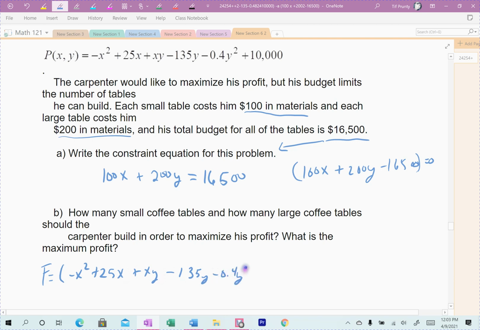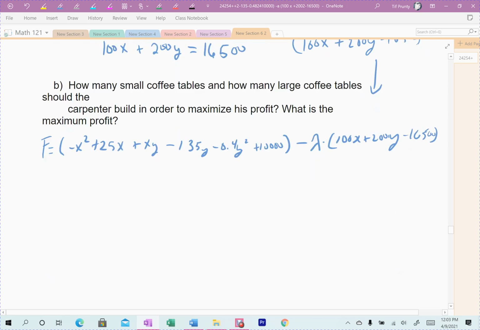These are just fairly large functions, so it's always a good idea to double check to make sure I got everything in the profit function. Now it's minus the lambda variable times that constraint equation, where we've set it equal to 0. See if I can squeeze it in on the edge of my page here. I did. Alright, so there's the constraint equation.